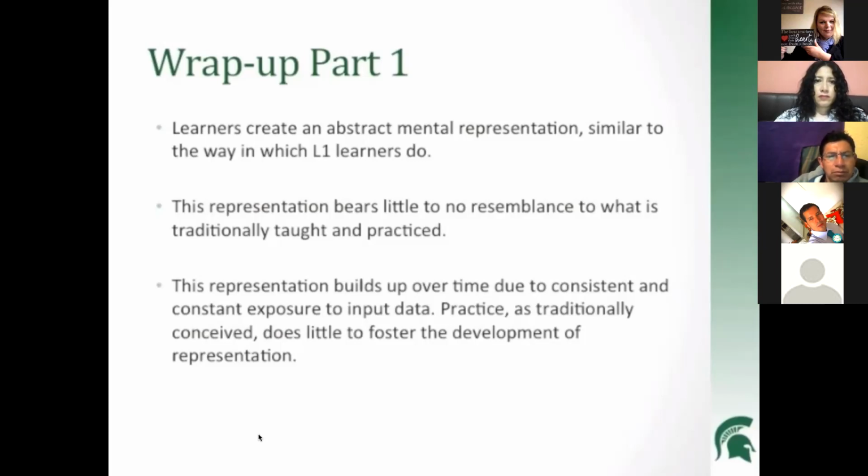No way around that. Importantly here, practice, as it is traditionally conceived and traditionally talked about, does little to foster the development of this representation. So in other words, practice might engage you in language-like behaviors and some language-like knowledge, but practice, as traditionally conceived, does not get you language as we talk about it here.